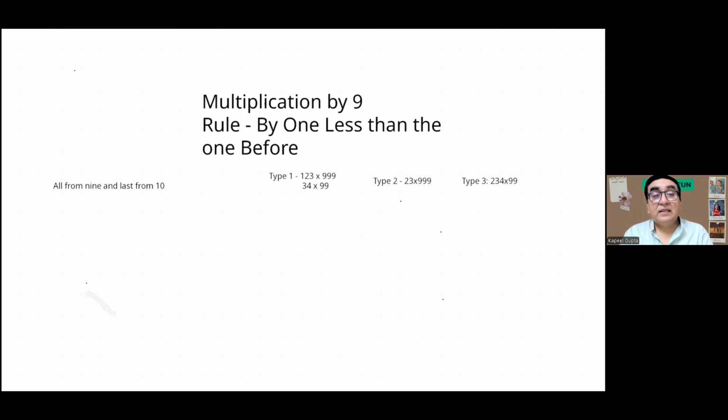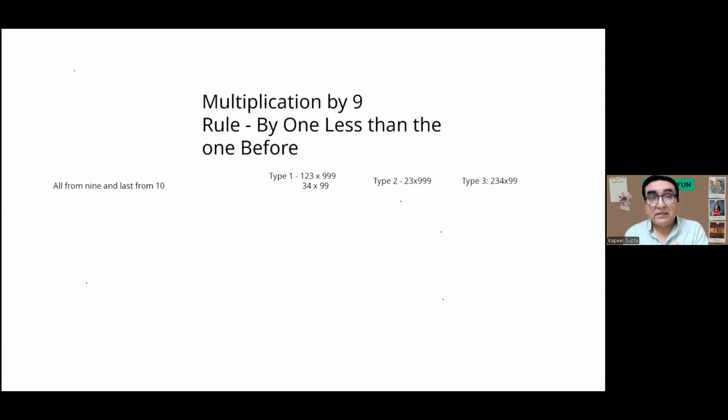Now, type 1, as I've already written there, like 123 multiply by 999, or 34 multiply by 99. What is the similarity in these two questions?